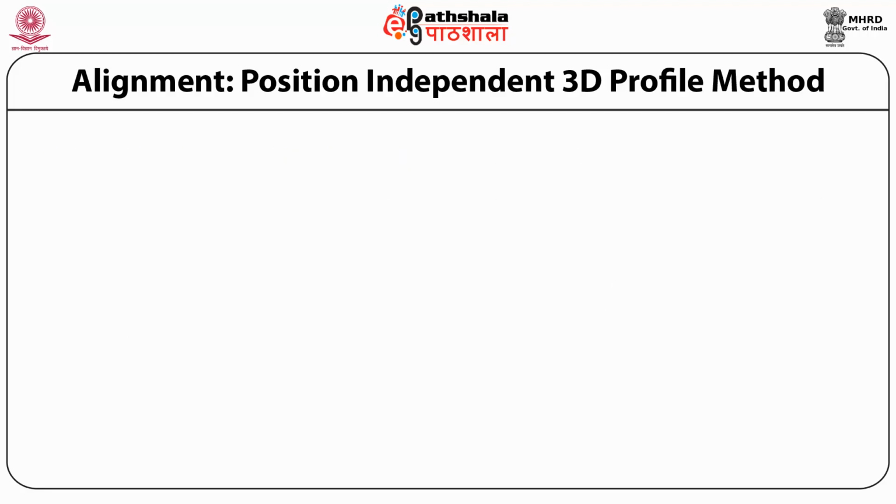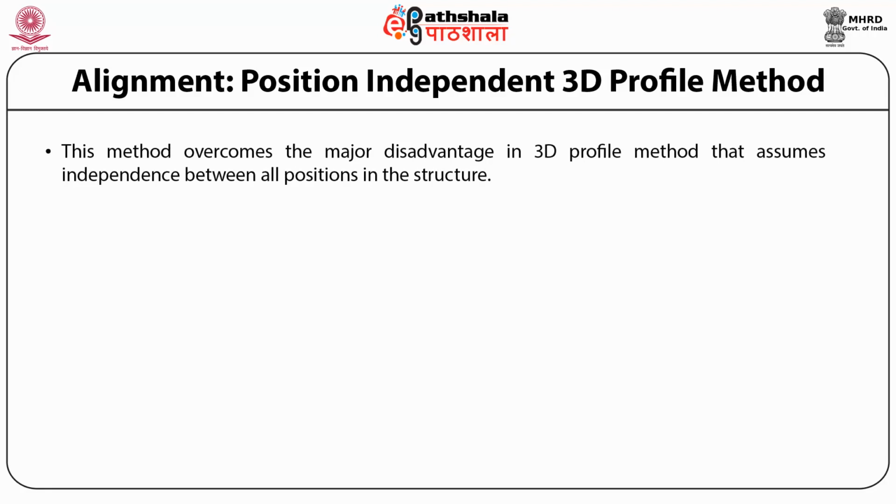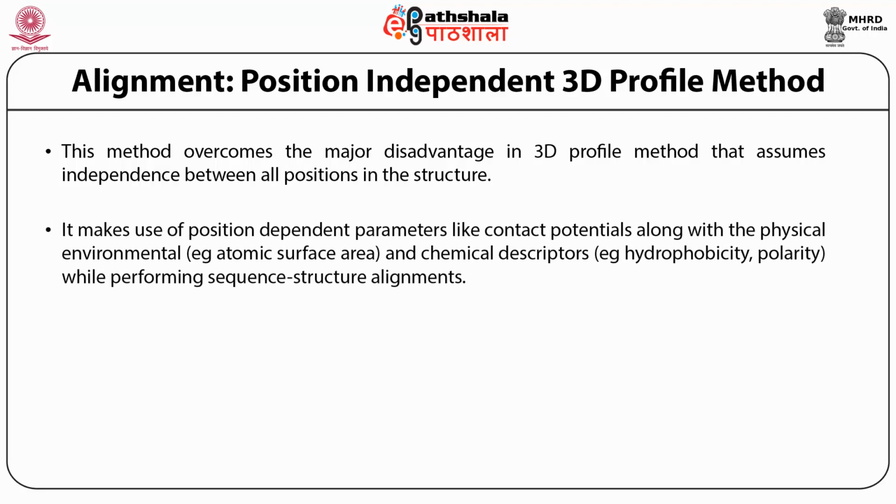Alignment based on the position-dependent three-dimensional profile method. This method overcomes the major disadvantage in the three-dimensional profile method that assumes independence between all positions in the structure. It makes use of position-dependent parameters like contact potentials along with the physical environment and chemical descriptors while performing sequence-structure alignments.